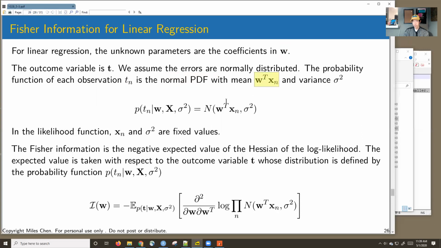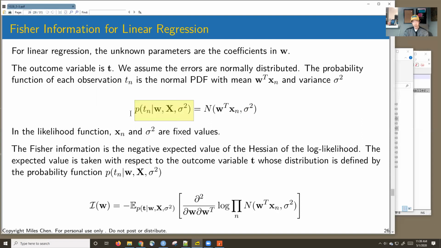The mean is the product of your weights and your input vector X. We're saying the values that we observed are normally distributed around that mean function value with variance sigma squared. That's how we set up our generative model. We're saying the observed values of t come from the normal distribution.